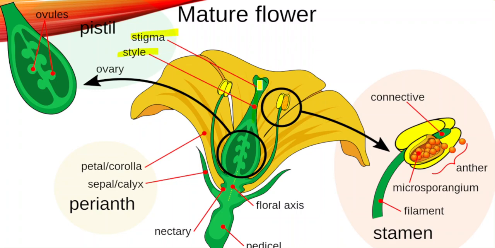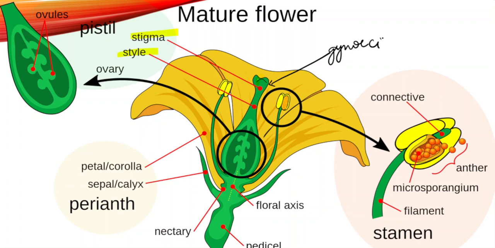If you can see this entire structure, I will mark it with white, this is nothing but what? This is gynoecium. Entirely it is known as gynoecium, the female reproductive part.